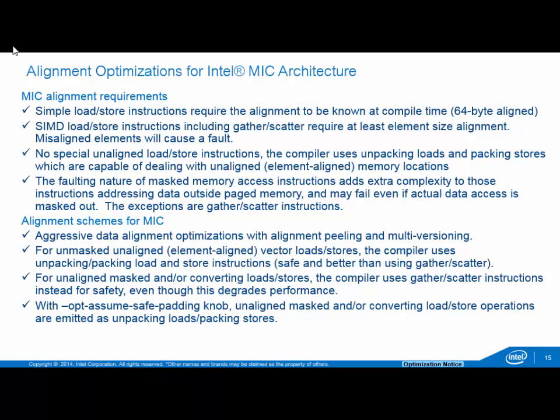For unmasked, unaligned vector load and store, the compiler tries to use unpacking load and packed store instructions, right? But for unaligned masked load and store, for safety reasons, although we know there's a big performance penalty, we have to use the gather and scatter instructions. That's pretty much the compiler's guidelines for generating the code.